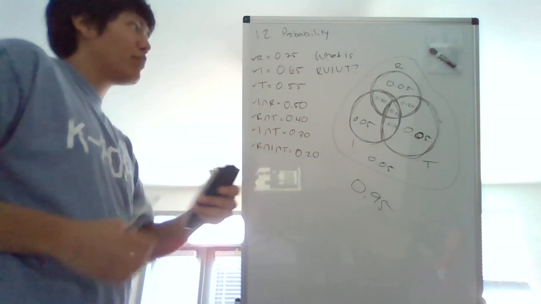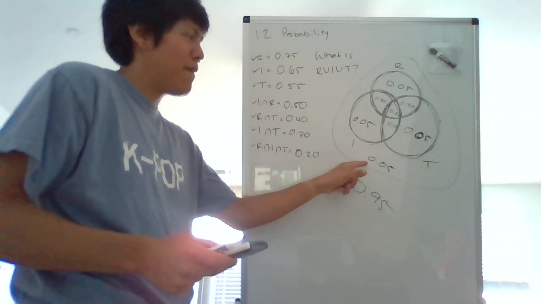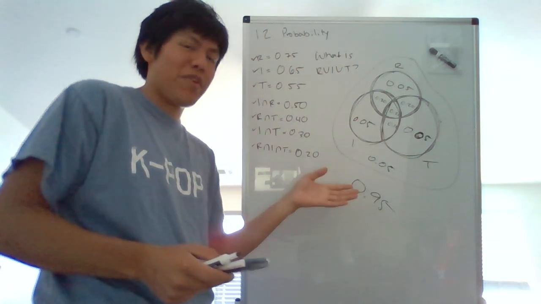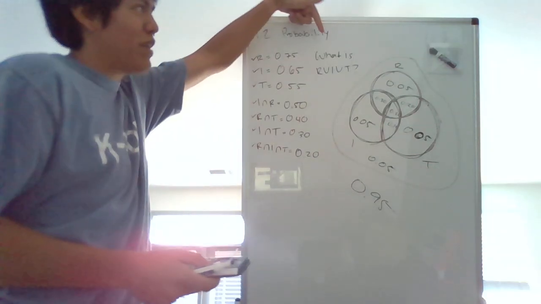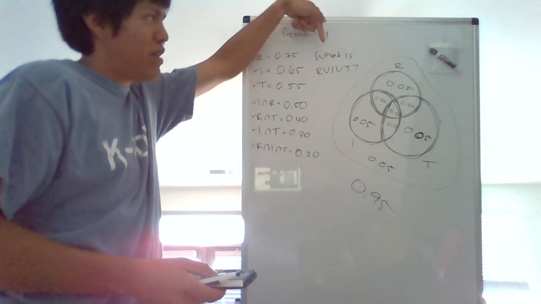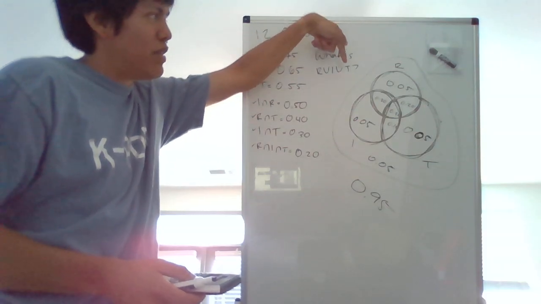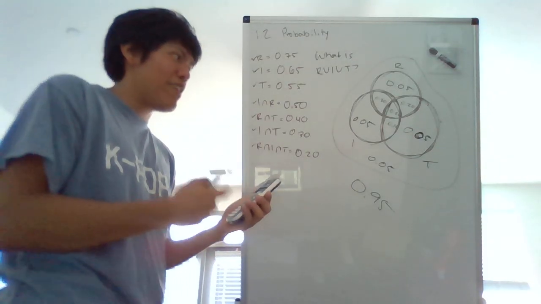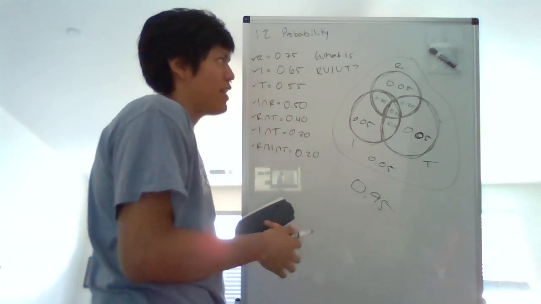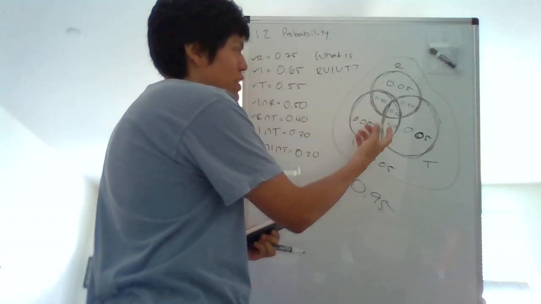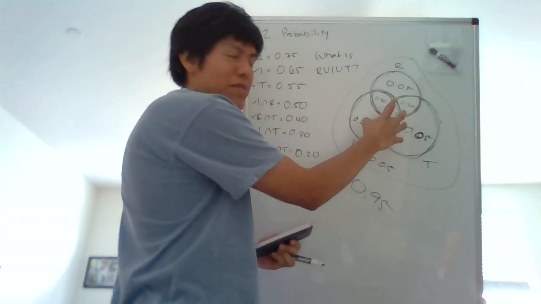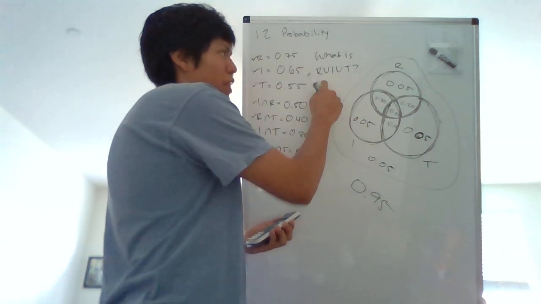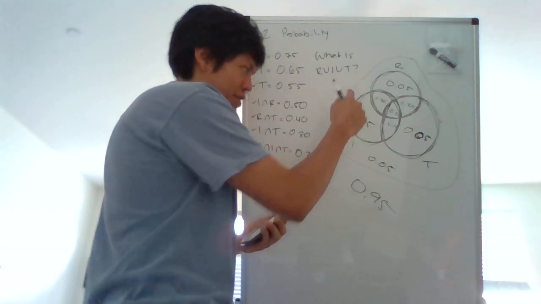All right. Now that we have everything with its appropriate percentage, now that everything is appropriately labeled, let's look back at what the problem is asking us. What is radios, union irons, union toasters? And that's what that entire addition just proved, is that if we take everything within the circles and add it together, we get 0.95, which is the union of the people that have radios, irons, and toasters.